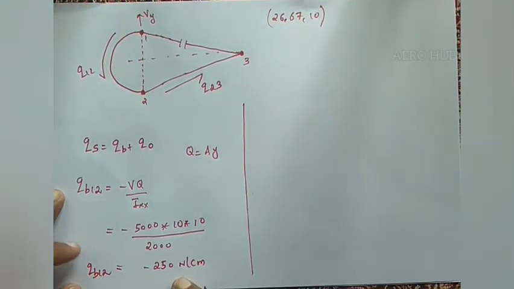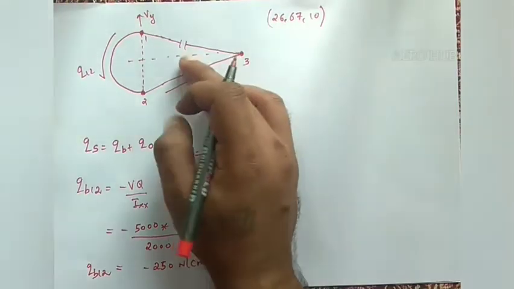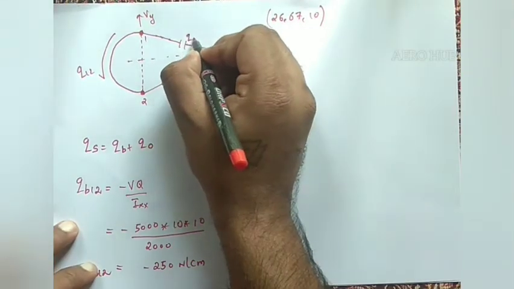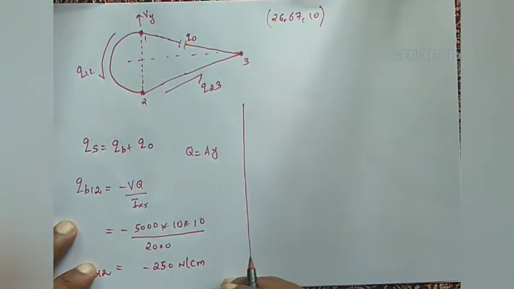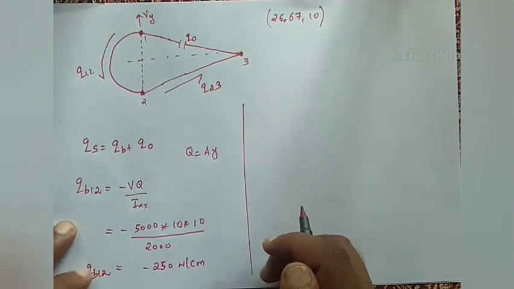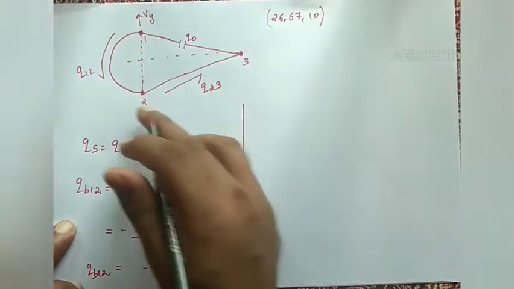And this is not the exact shear flow for qb12. We have to find out the value of q0. q0 is nothing but the shear flow at the cut, the section 1-3. Now we have to consider the portion 2-3.